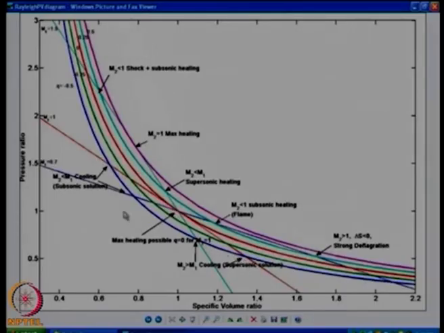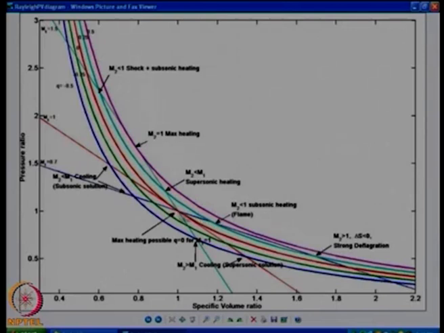Now let us look at M1 subsonic, that is this blue straight line. Let us first pick the no q case. Q is 0, that is this red curve along with this blue line. There is one solution that is at P1 V1.